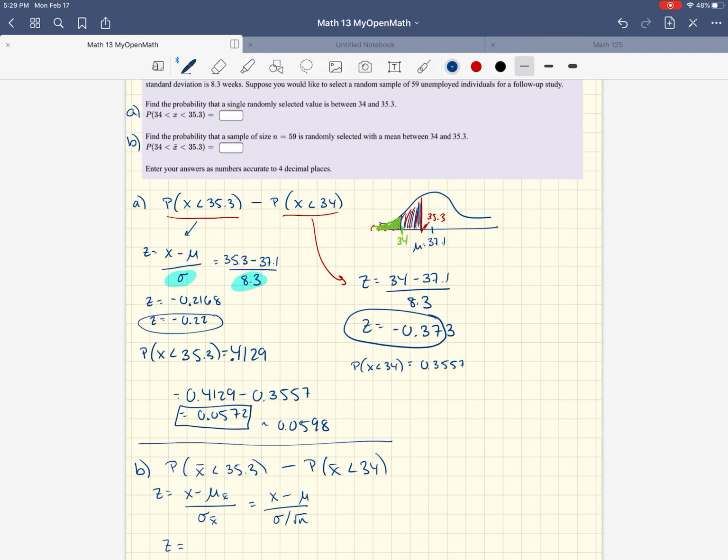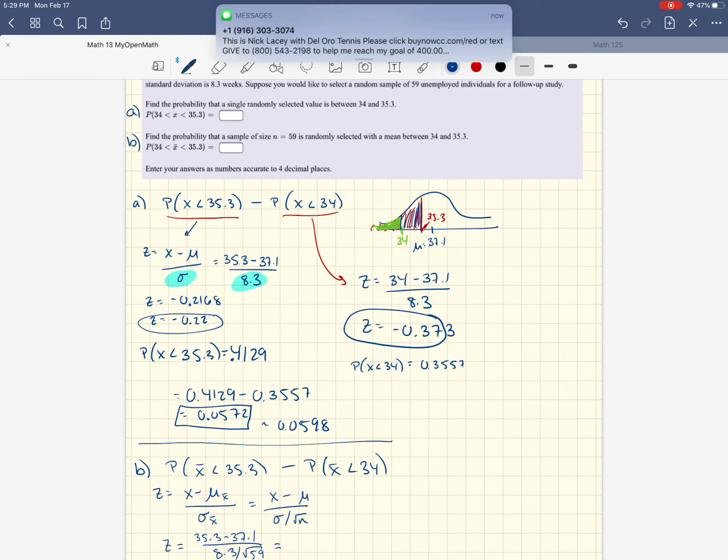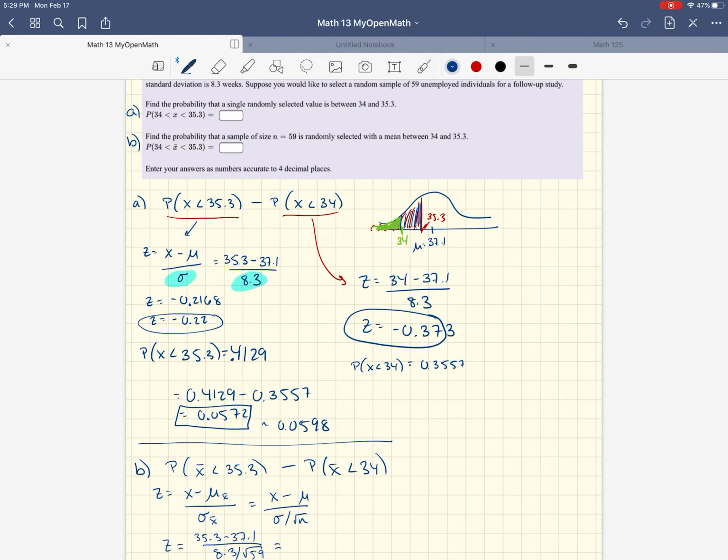So the z-score here for the first one will be 35.3 minus 37.1, but now we're going to divide by 8.3 divided by the square root of 59. This time we get a z-score much different than the previous one: negative 1.67.